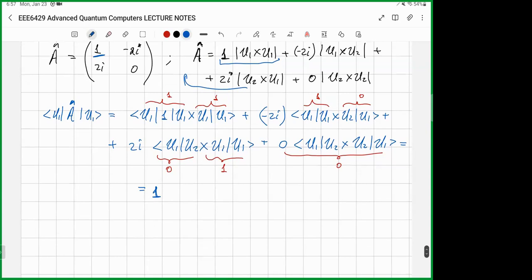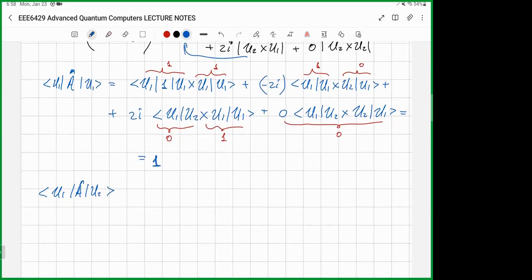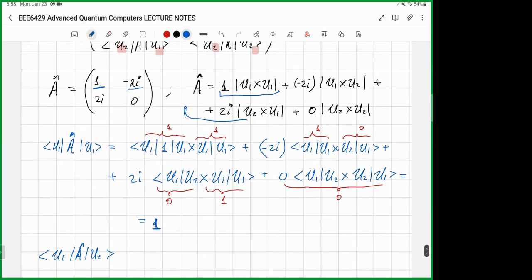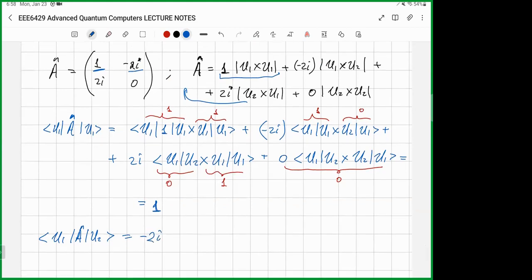And you can check that for all the others. For example, if you take u1 A u2, you will get this element 1 2 here, so it will be minus 2i.